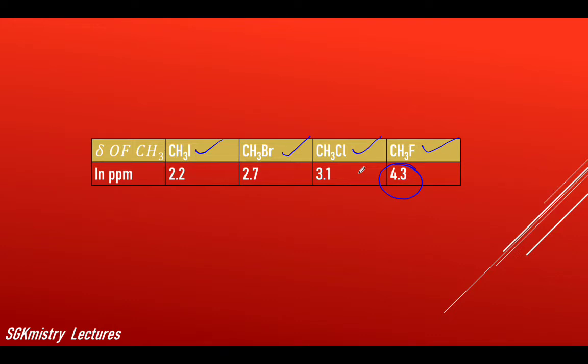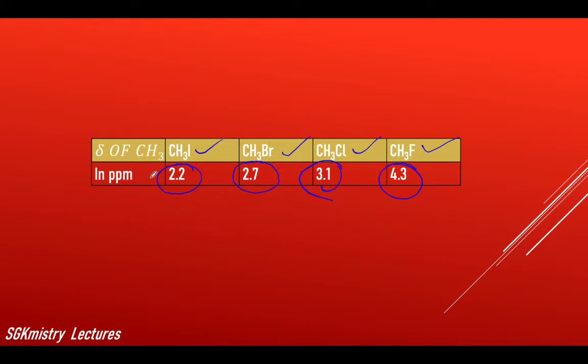When it is replaced by fluorine, which has a very high electronegativity, the signal will be found in the downfield region of 4.3 ppm. When it is substituted with chlorine, we have the signal at 3.1 ppm, and for bromine, it is at 2.7, and iodine, which has a very low electronegativity, the signal will not be in a downfield region, it will be in the upfield region, at 2.2.